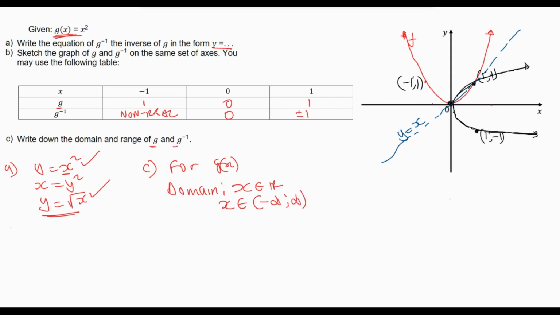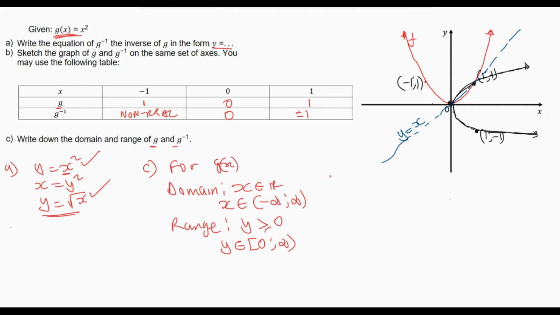These are the x values, the input values. Then the range: the red graph is from 0 and above. So the range is y greater than or equal to 0, or you can say y is an element of 0 included to infinity.